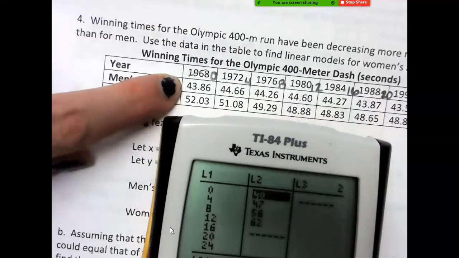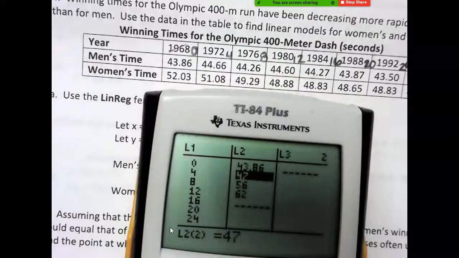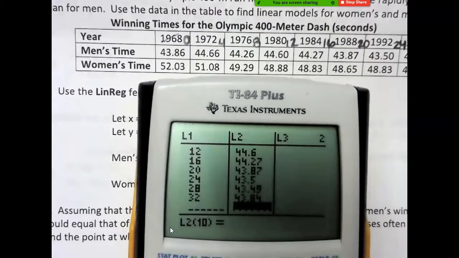So we start with the men's. So that's 43.86, 44.66, and then just keep going down. Your last data should match up in each, so 32 should be 43.84.